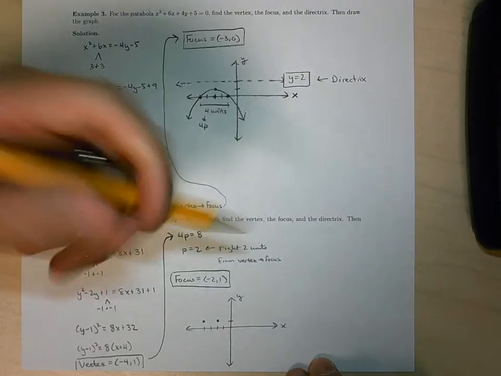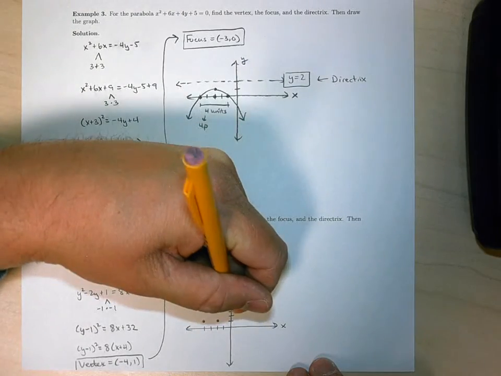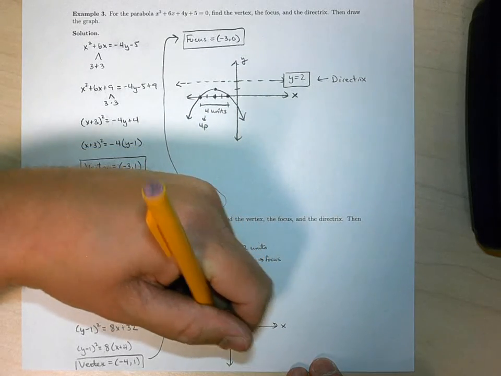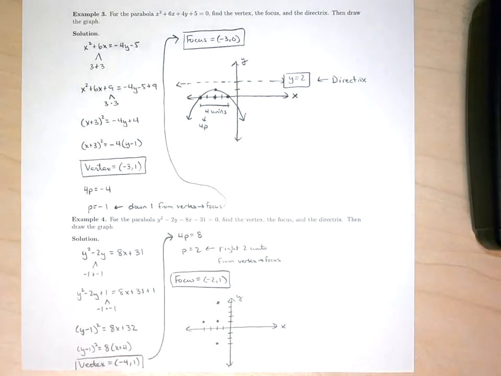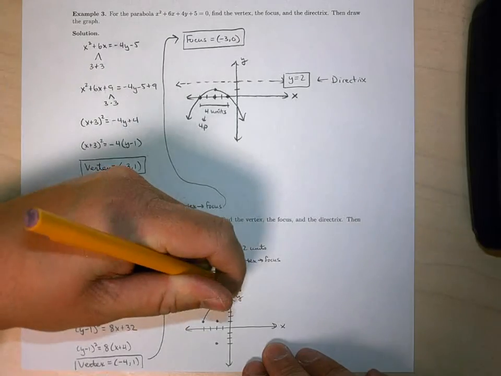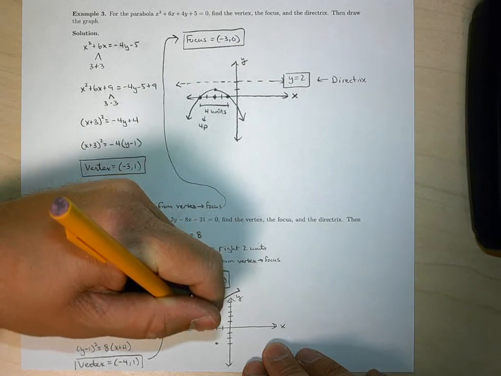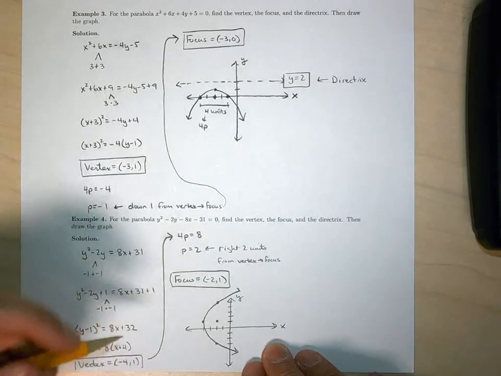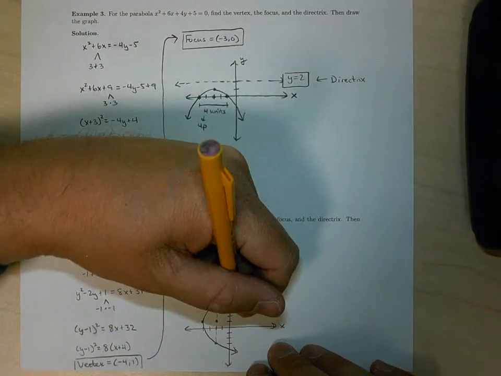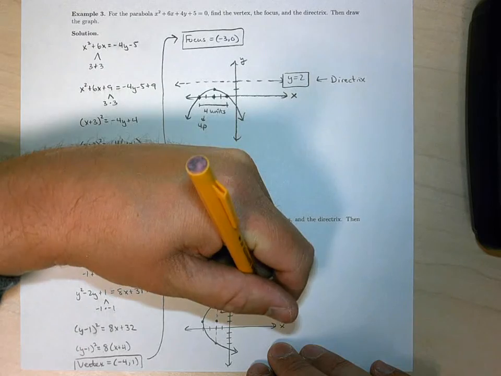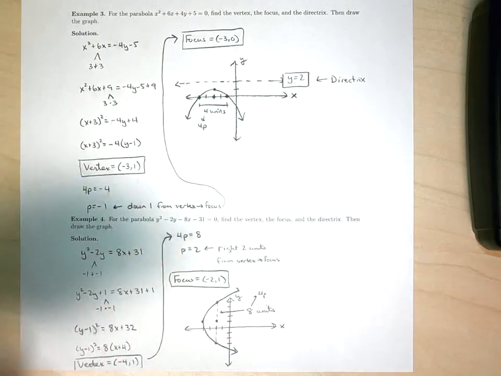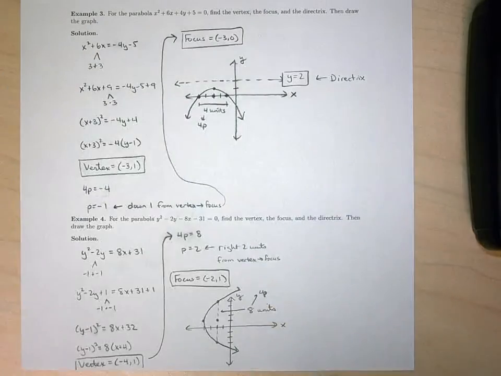So when I get level with the focus, I'll go up by 4 and down by 4 for a total of 8 units. And now I can sketch this thing. So just to note that, that's 8 units. And that 8 came from 4p.